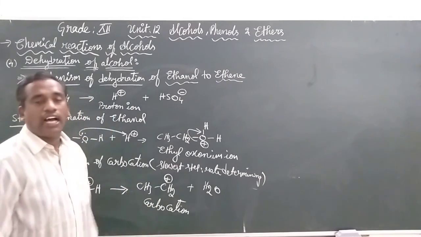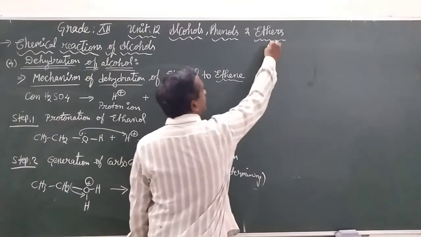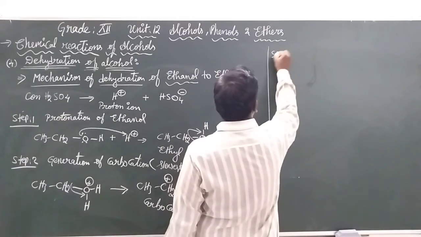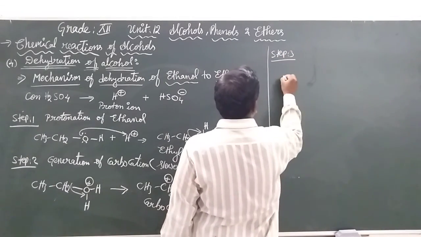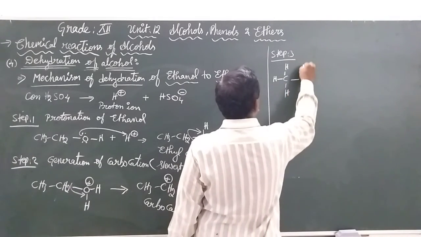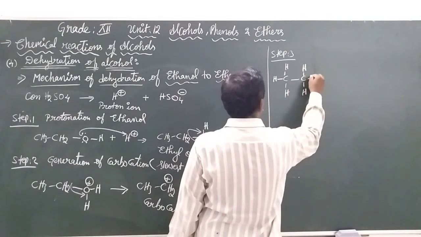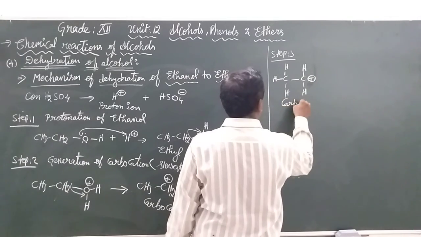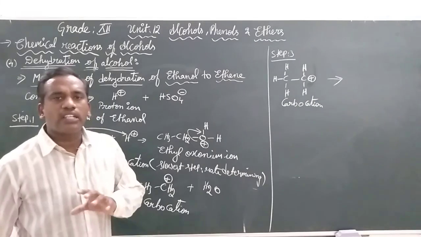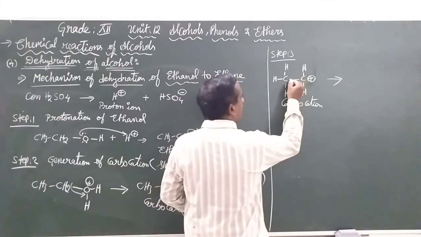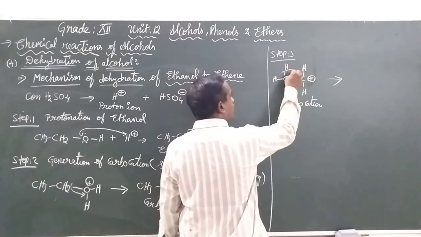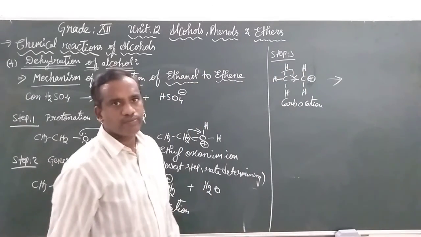Now the generated carbocation, how is it going to convert into an alkene? Let us see step 3. I am just writing the 2 carbon atoms in the open form. This is what we call the carbocation. The positively charged carbon withdraws electrons from the nearest carbon, which in return withdraws electrons from a hydrogen.